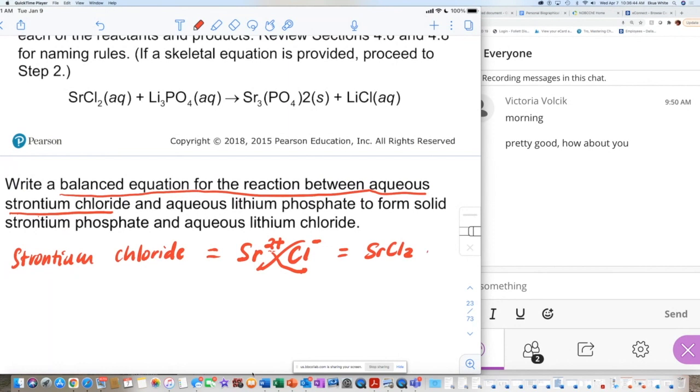And they said aqueous, so this is going to be (aq). Next one is lithium phosphate. So remember when we're naming this compound, what I've done in my head behind the scenes is remember that this is a metal because I pulled out my periodic table and I have memorized what the metal is. So this is a metal, this is a non-metal.